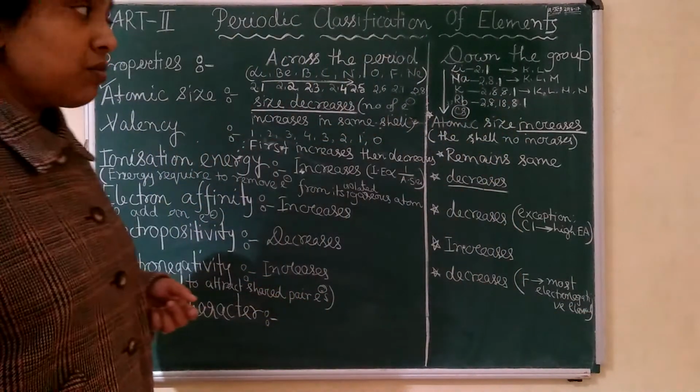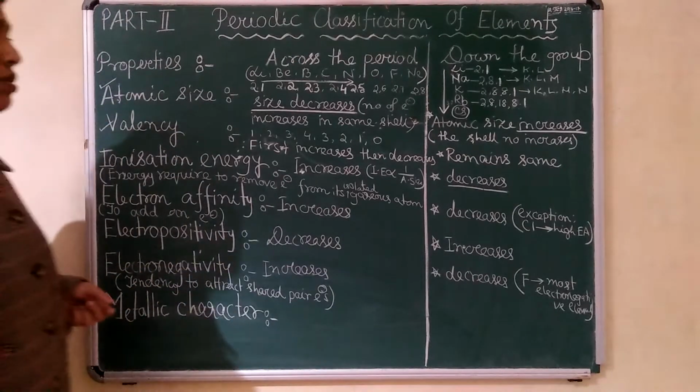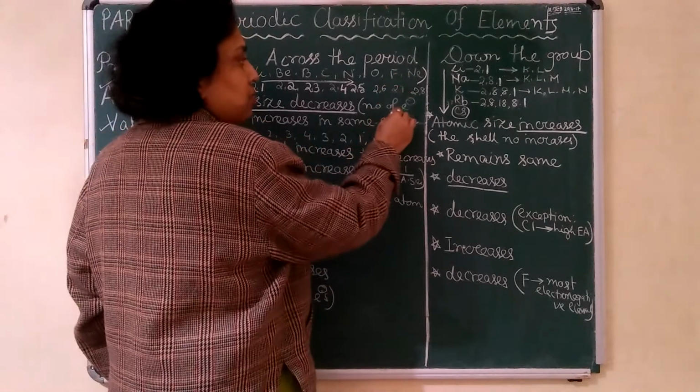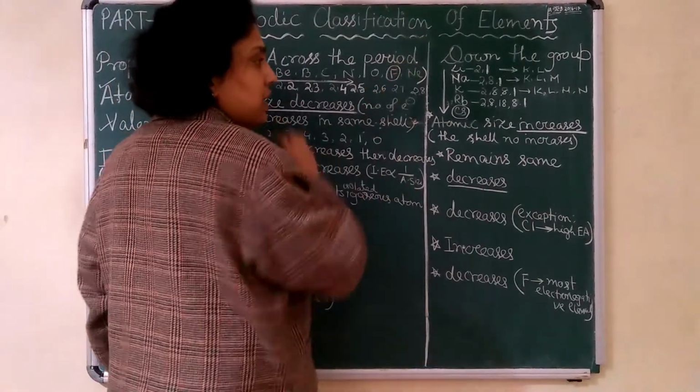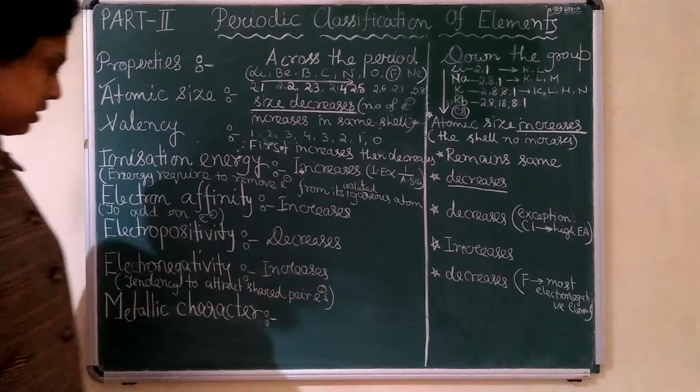Fluorine is the most electronegative element, because if you go down, fluorine, chlorine, bromine, iodine, electronegativity decreases, so fluorine will get the highest electronegativity.